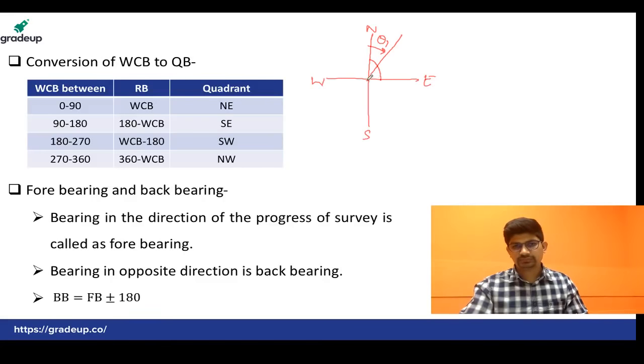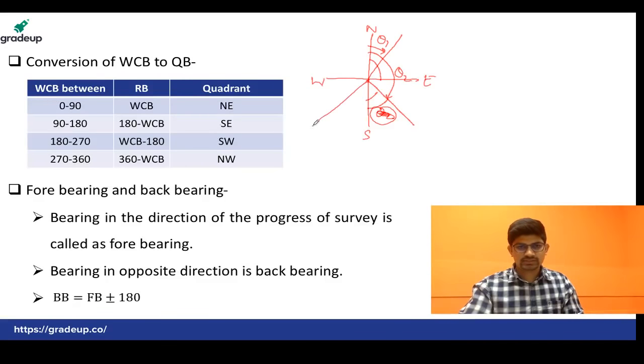If the angle is theta 2, between 90 and 180, the reduced bearing from north will be 180 minus theta 2, that is 180 minus WCB, and the quadrant is southeast.